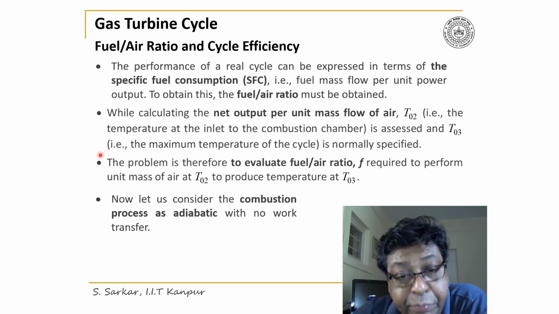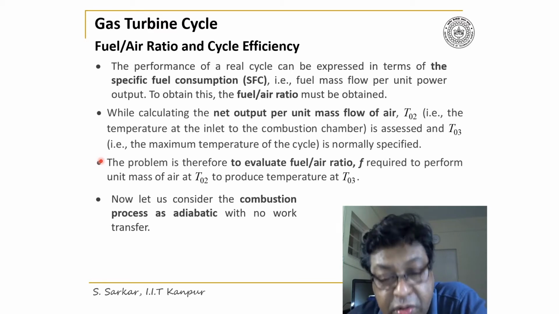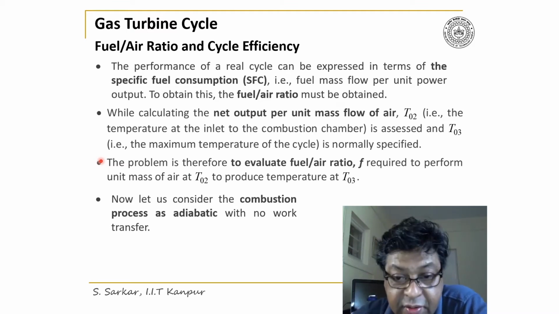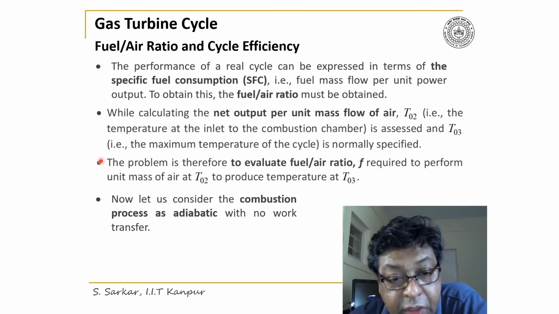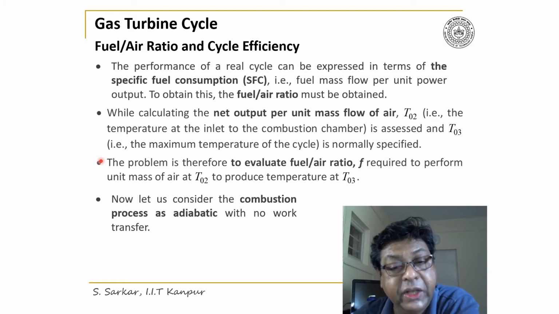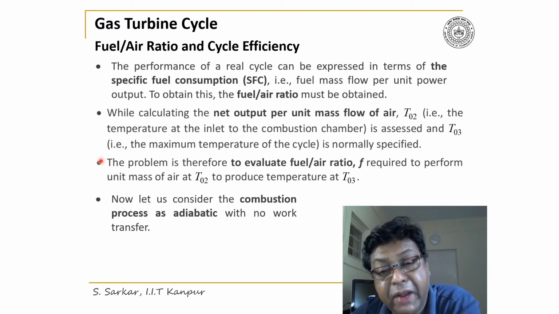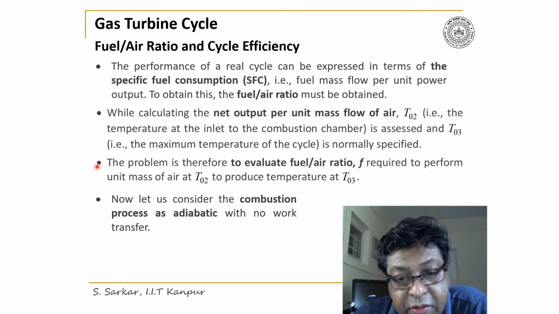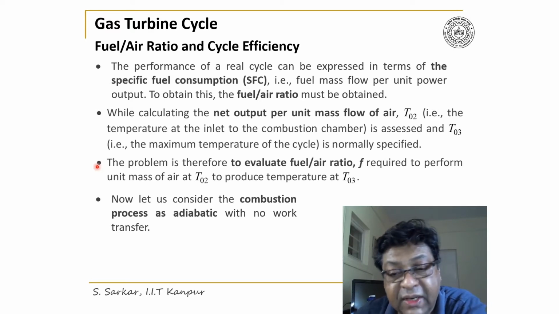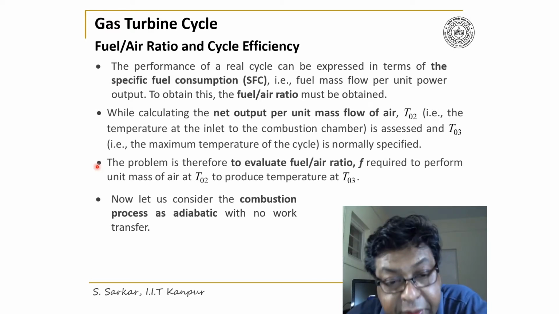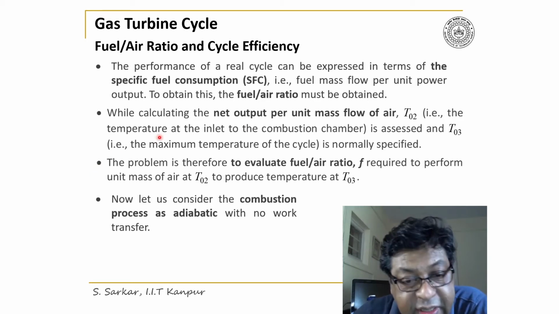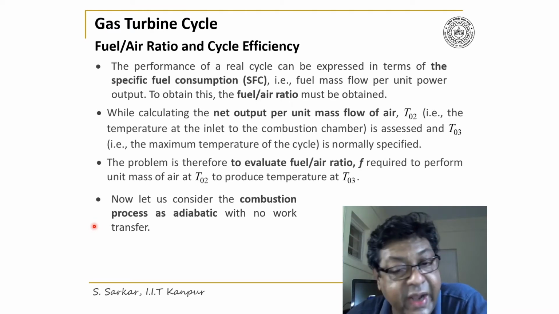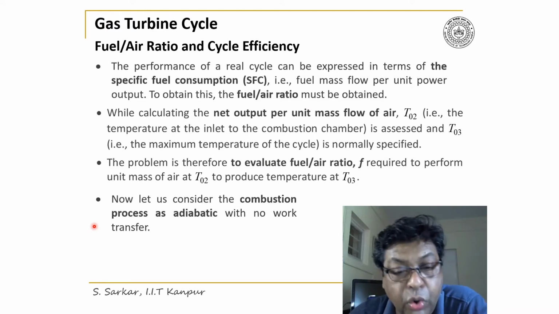Thus, the problem is therefore to evaluate the fuel air ratio F required to heat unit mass of air at T02 to produce the temperature T03. So I have stated here what is to be done to evaluate F. Now let us consider the combustion process to be adiabatic with no work transfer.